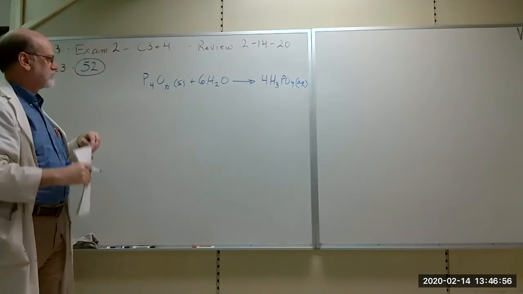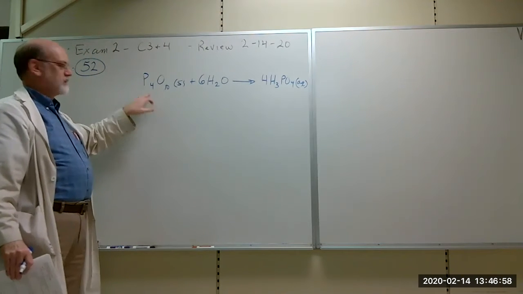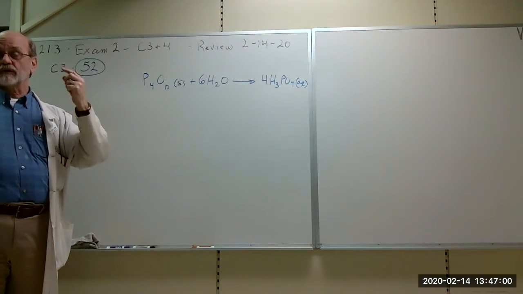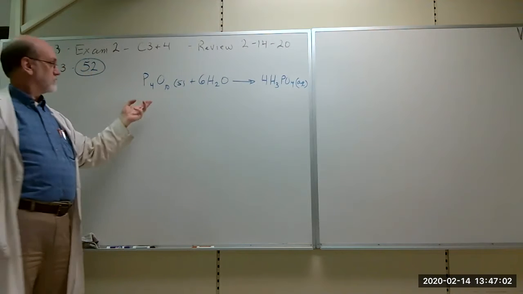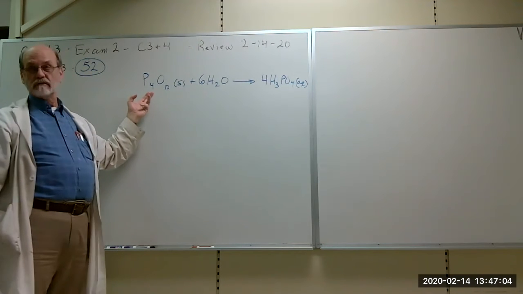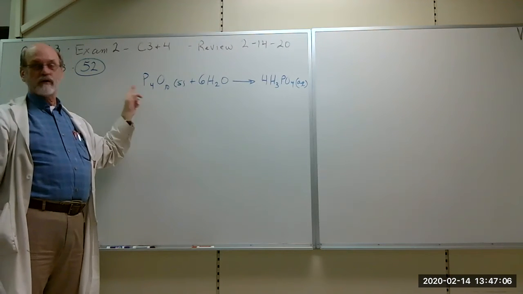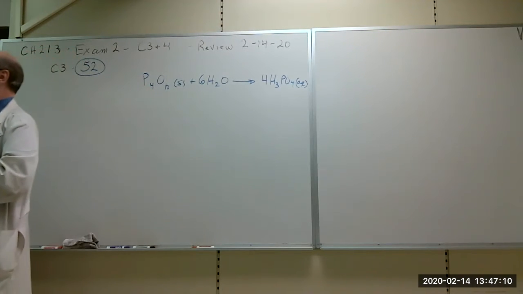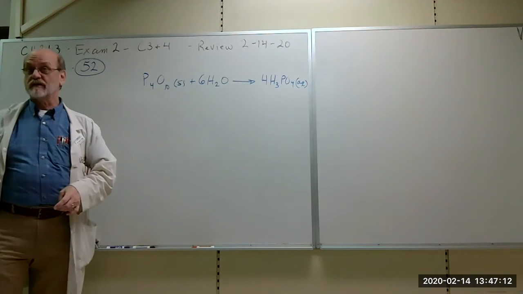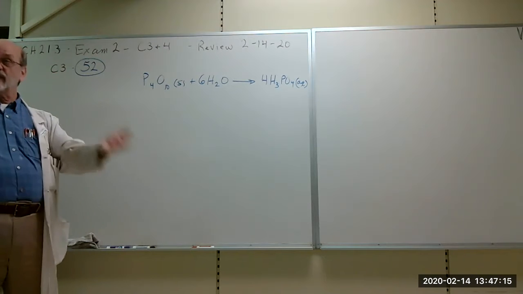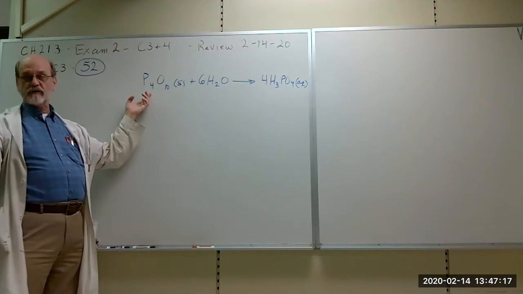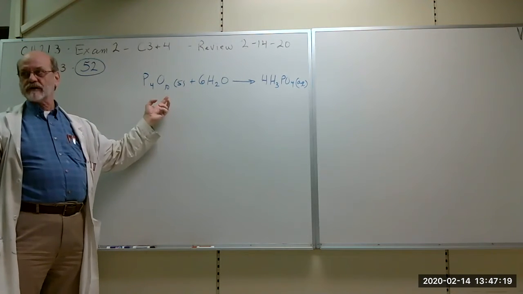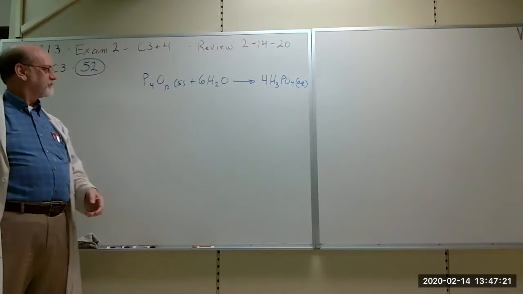Let's name them. What's the name of this one? First of all, is it a 1, 2, or 3 type? Where do phosphorus and oxygen come from on the periodic table? They're both non-metals. So we just have to say how many, right? So we say tetraphosphorus decoxide. That's it.